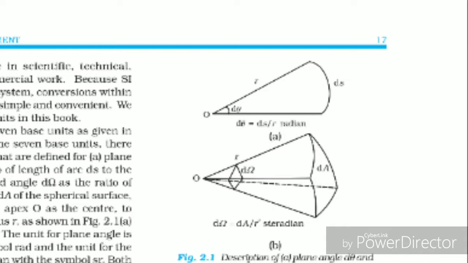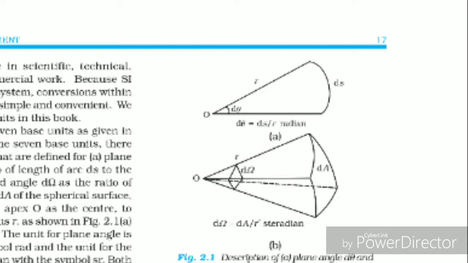The 2 supplementary quantities are plane angle and solid angle. The unit of plane angle is radian, abbreviated as rad, and the angle equals arc by radius.